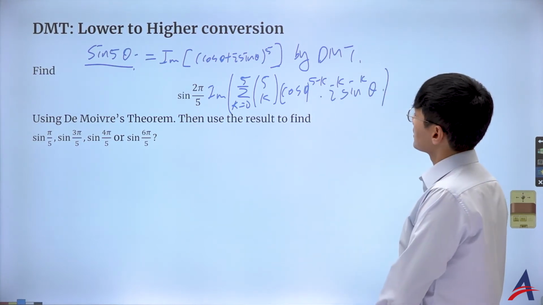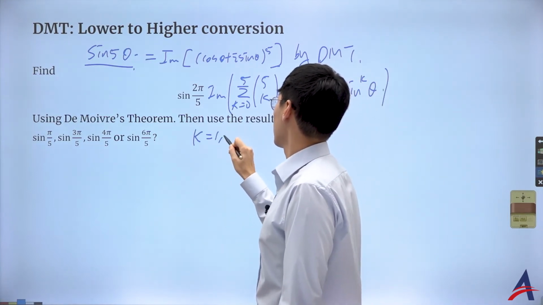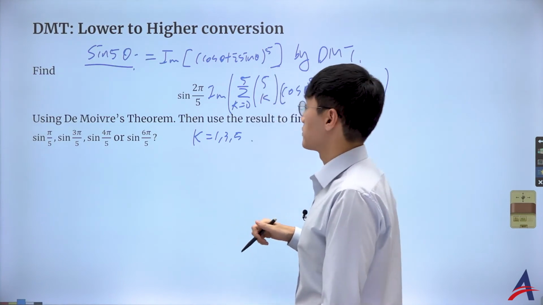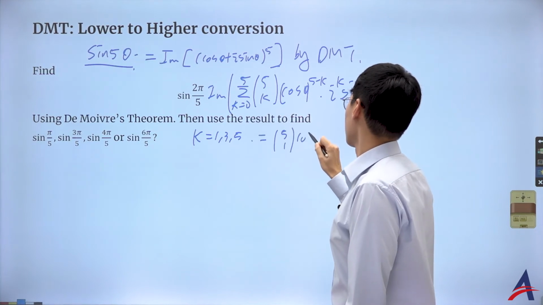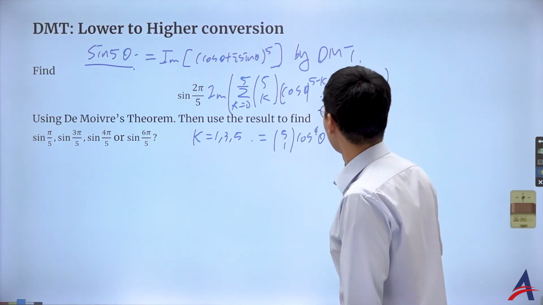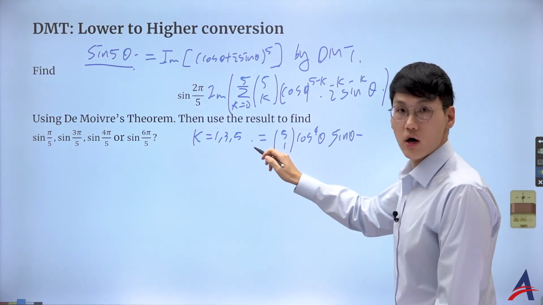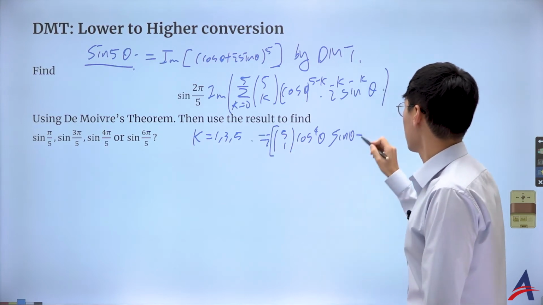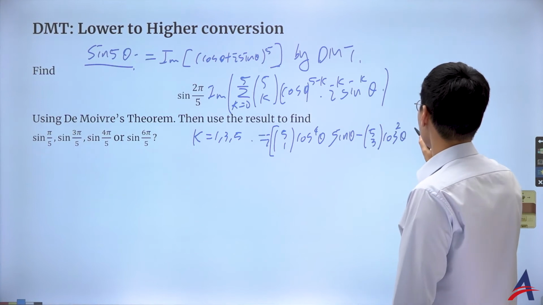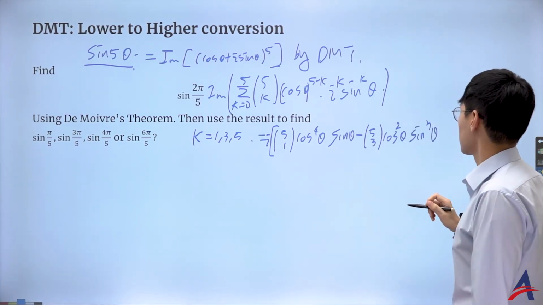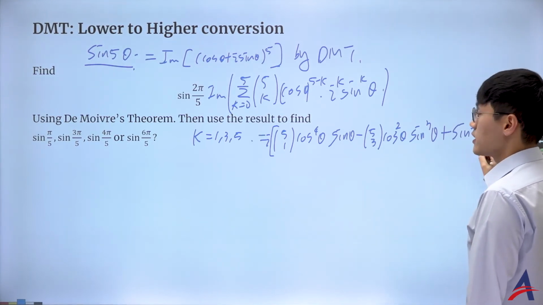Let's expand. It's going to be only with k being odd, because I want to get the imaginary part. So let's dig in. It's going to be 5 choose 1 cosine to the power 4 sine theta, plus 5 choose 3 cosine squared sine cubed theta, plus sine to the power 5.